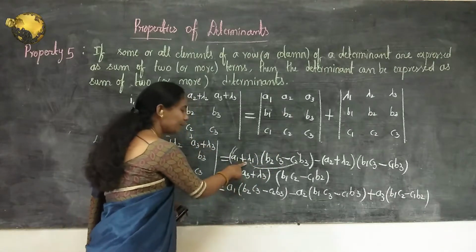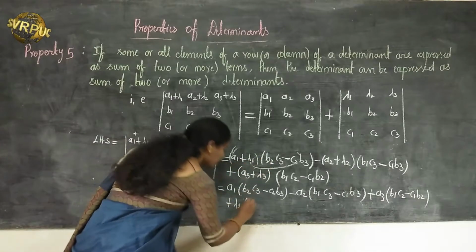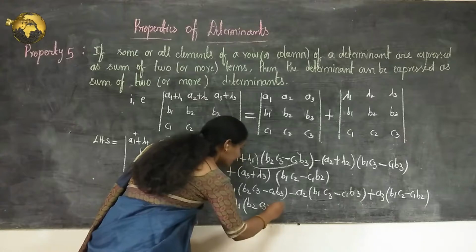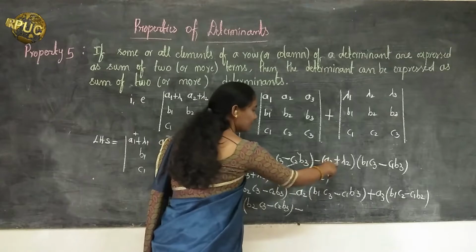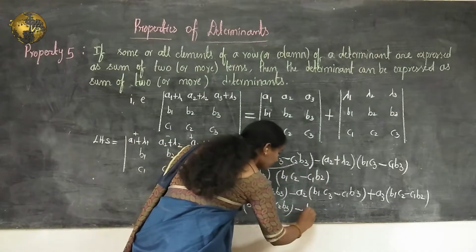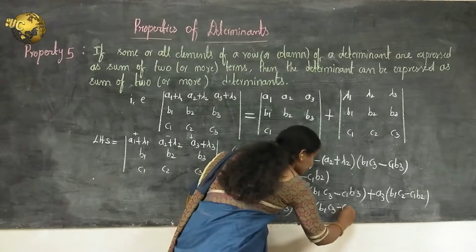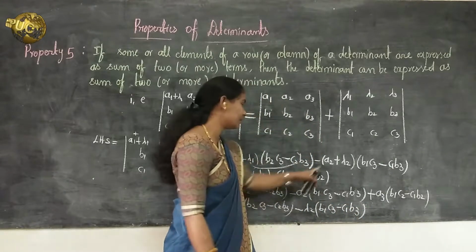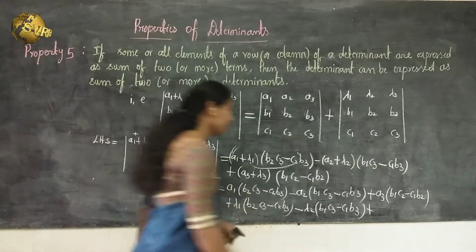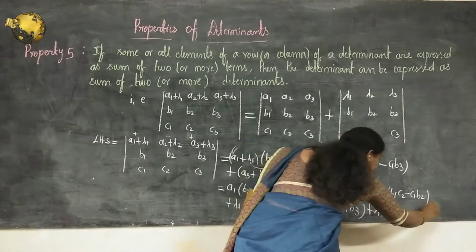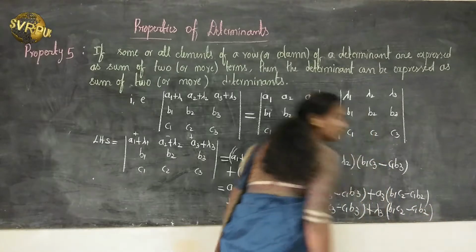Then plus lambda 1 into B2 C3 minus C2 B3, the same elements, minus lambda 2 into B1 C3 minus C1 B3, and plus lambda 3 into B1 C2 minus C1 B2.